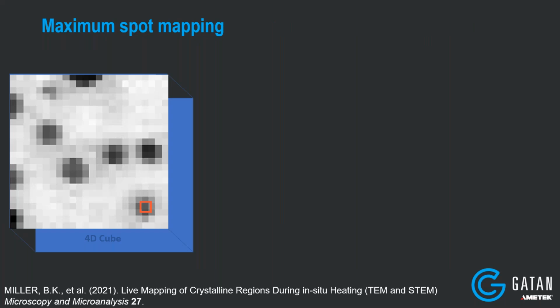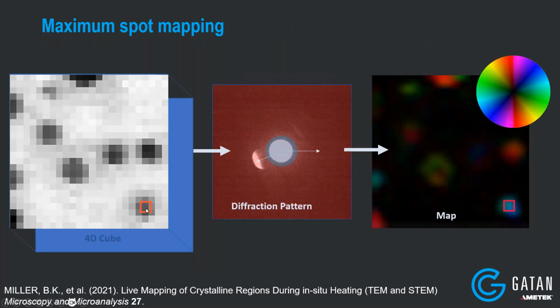So what I do here is for each pixel in the 4D STEM data cube, we have a diffraction pattern. And so I want to find what is the brightest spot in this diffraction pattern. So in this case, this is trivial, right? There's really only one spot outside the center here. But I want to find the angle of this maximum spot relative to the center.